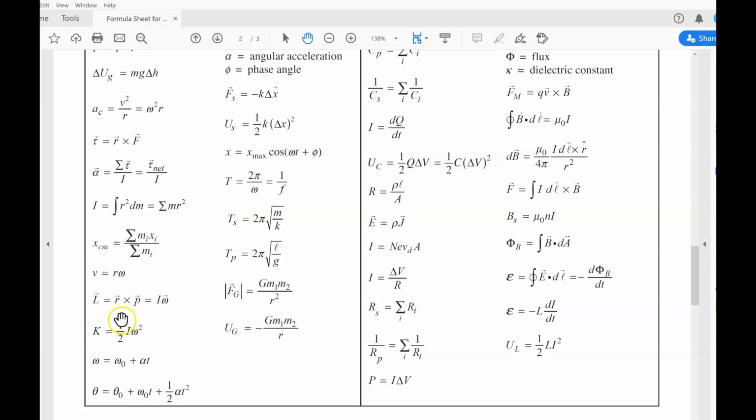Angular momentum, L, equals the linear momentum times the radius, and again in a perpendicular way, where the radius is perpendicular to the tangential or linear momentum, which is also equal to, if linear momentum is mv, then angular momentum is I omega. Angular kinetic energy is 1/2 I omega squared, and then here's just a couple of angular kinematics equations. So it gives us a good bit of stuff on the formula sheet.